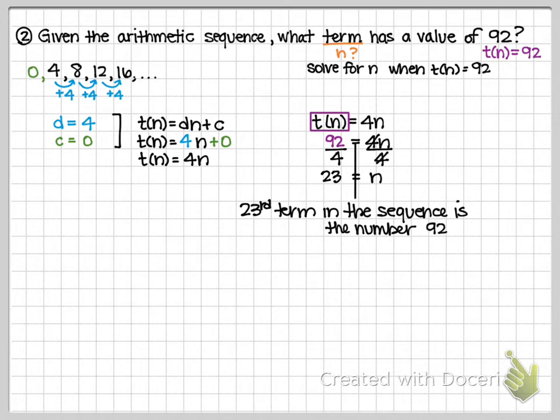So if I were to list it out, not that I'm going to, but if I were, I would do 4, 8, 12, 16. I know the next one would be 20, 24, dot, dot, dot. I would eventually get to 92, where that n value is 23. So again, remember, n is the location in the sequence. 92 is the actual number in the sequence.